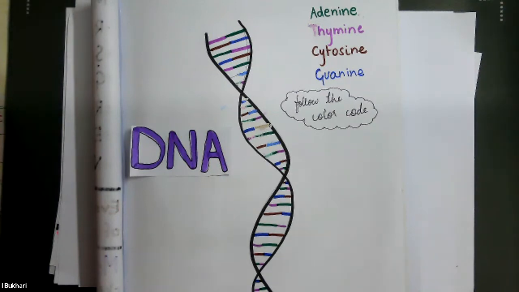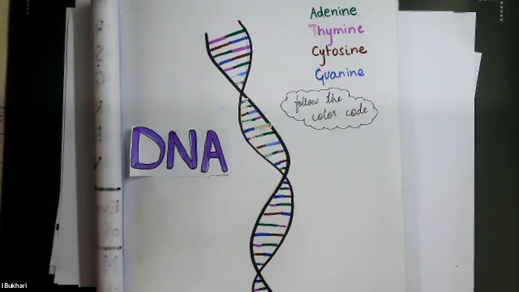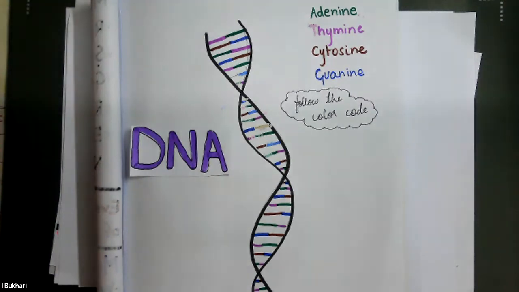So this is what DNA looks like. This is the adenine, and this is the sugar phosphate backbone, which basically keeps everything in place, right? The base pairs together, thymine, guanine, cytosine, and this is how it's curled up. It has a beautiful shape.